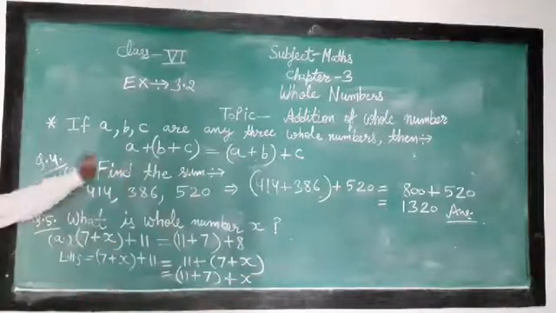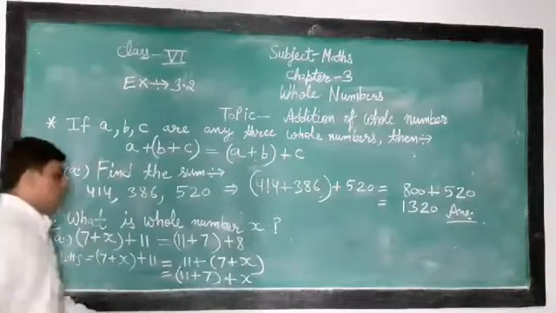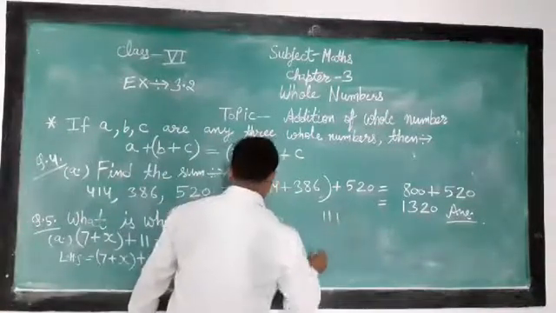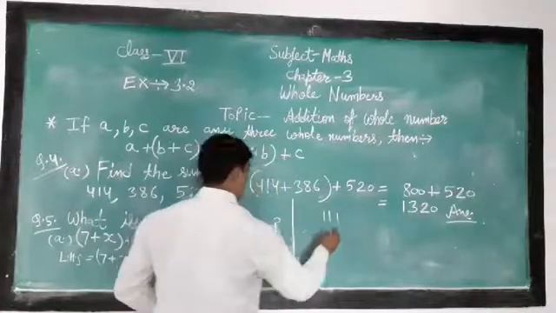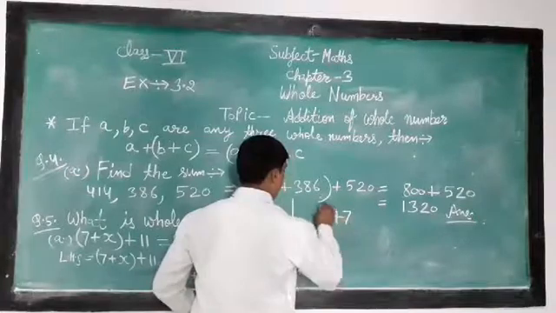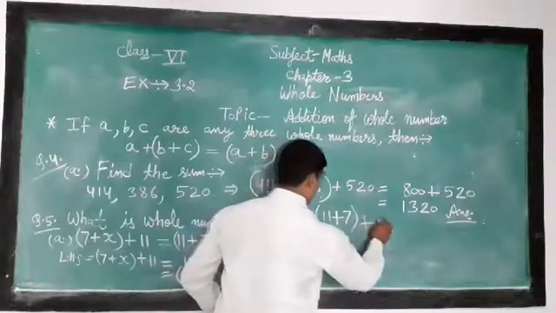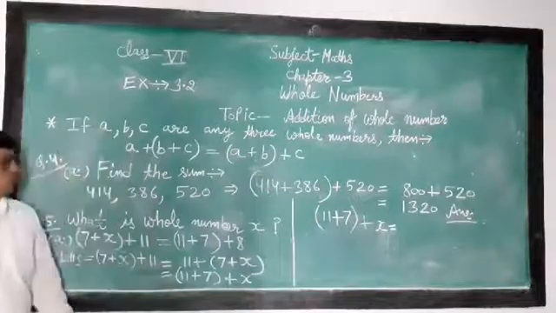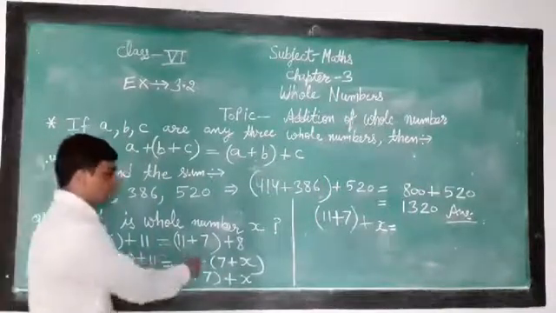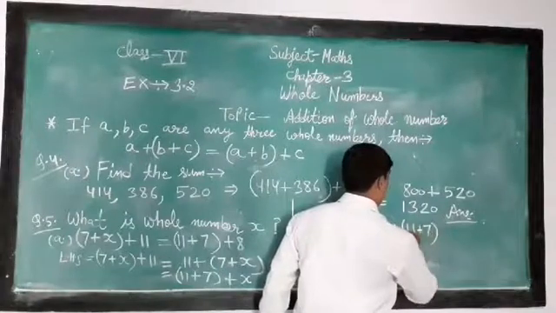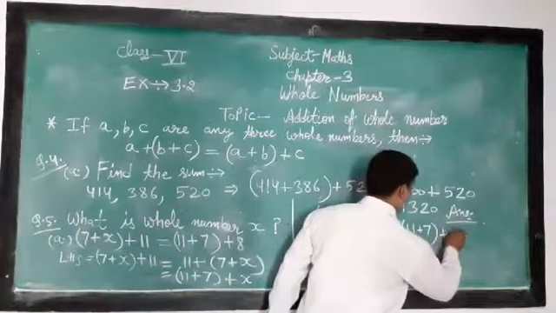By using this property, 11 plus 7 plus x is equal to, right hand side, 11 plus 7 plus 8.